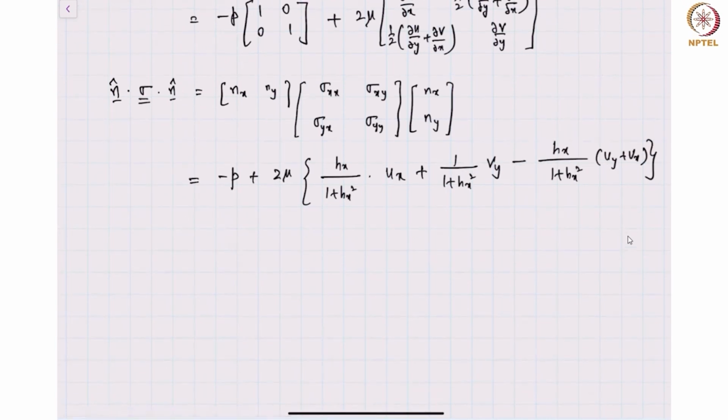But we can further recognize that the u derivative of x and the v derivative of y are related to each other through the continuity equation, right? v_y is minus u_x.